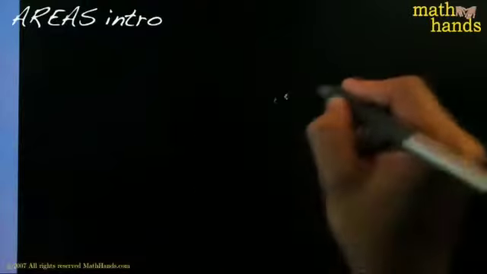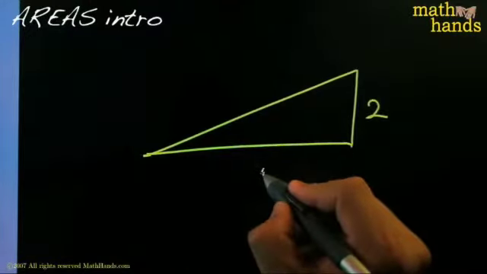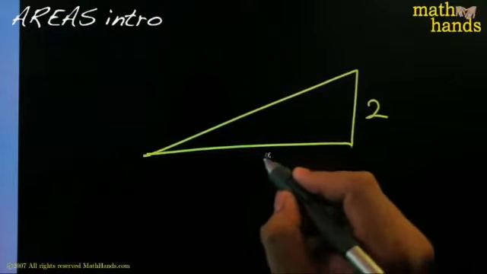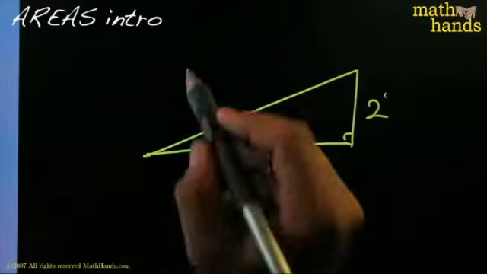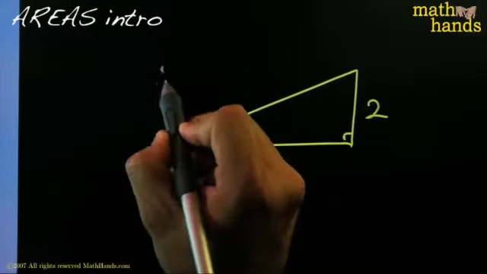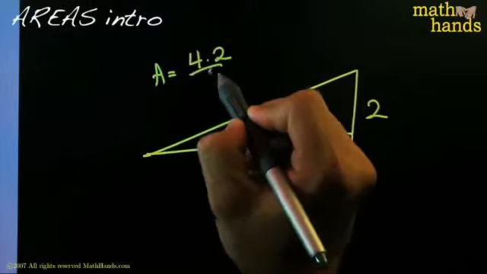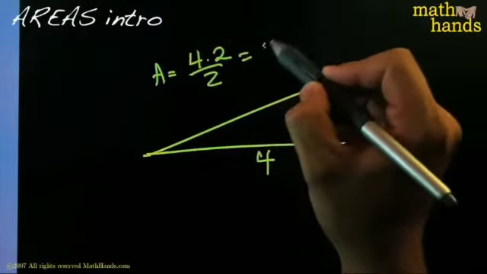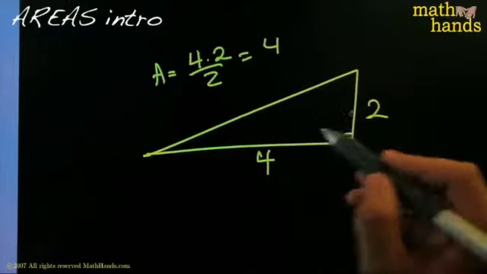Suppose that you've got a triangle here where this is 2 and this is 4. Okay. Then if this is a right triangle, what we just discussed here would imply that the area would be the base times the height divided by 2, which of course equals whatever. So that means that 4 of these squares could fit in here.